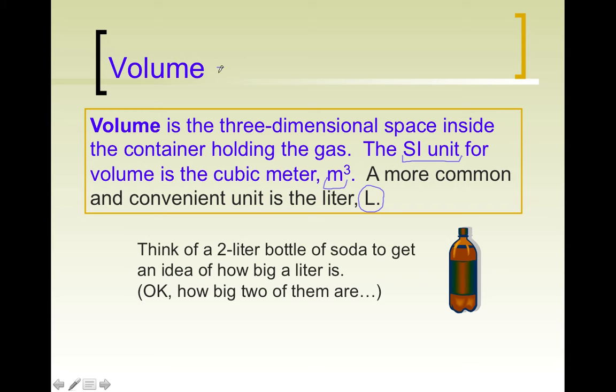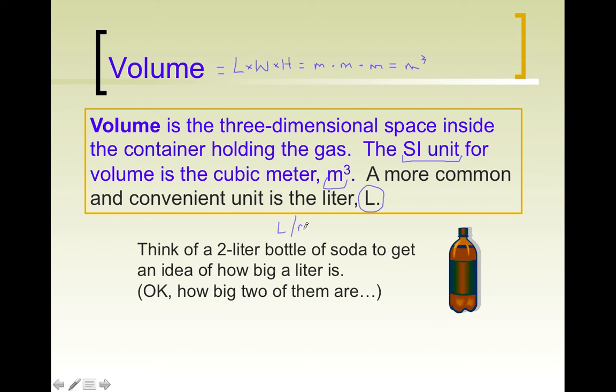So volume, once again, is length times width times height. And naturally, each of these would be in meters times meters times meters, which would give me meters cubed. And so that's what I would have for my main unit that I could use. However, it could also be in liters.